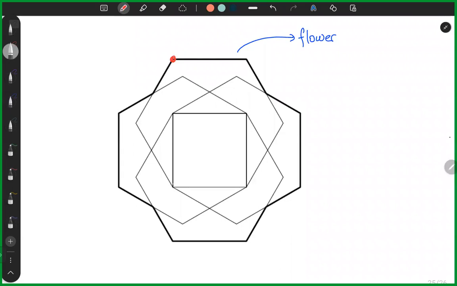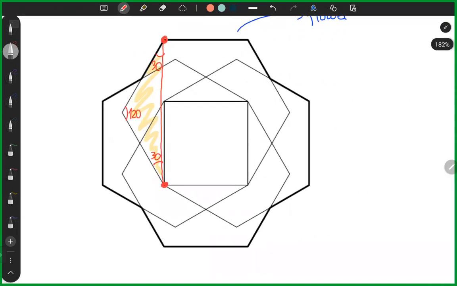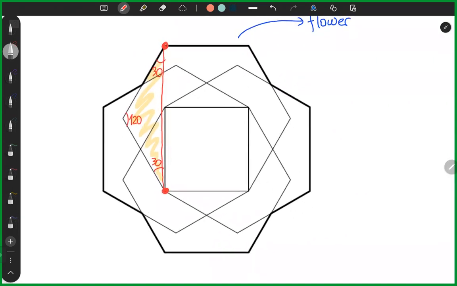let's look at those two red points, and let's draw the line connecting them. Observe that this yellow triangle is an isosceles triangle. Since one angle of a regular hexagon is 120 degrees, this angle has to be 90 degrees.